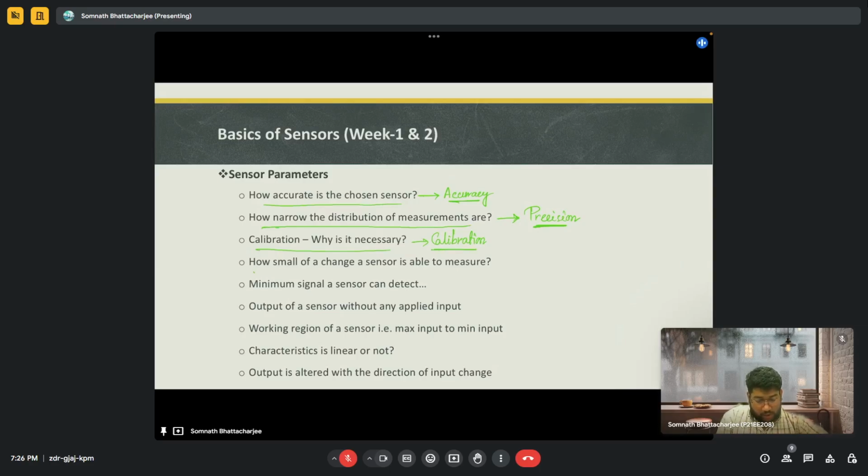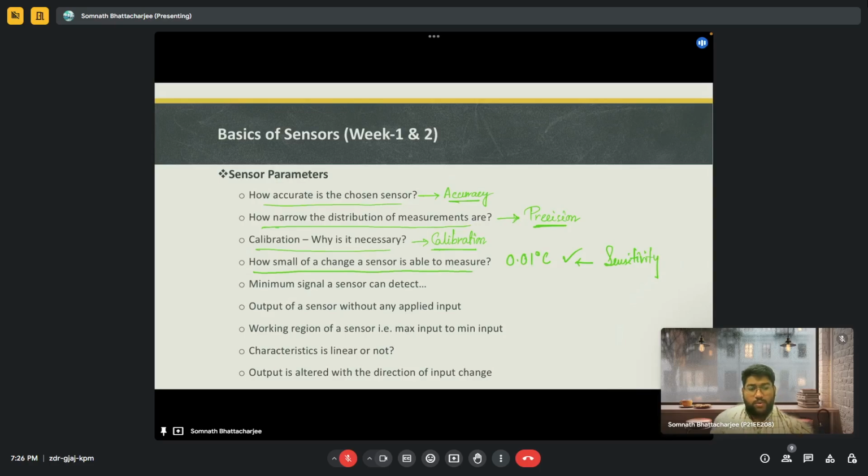Now, the next question should be how small a change a sensor is able to measure. For a temperature sensor, let's say there is a small change of 0.01 degree. If the sensor is sensing for very important equipment that should not go beyond, let's say, 100 degrees or 200 degrees, then in those use cases you need a very sensitive sensor.